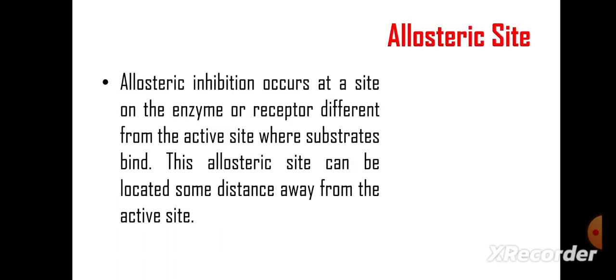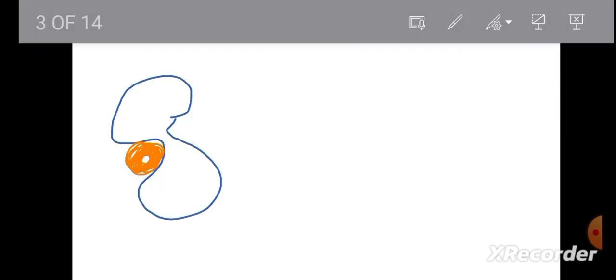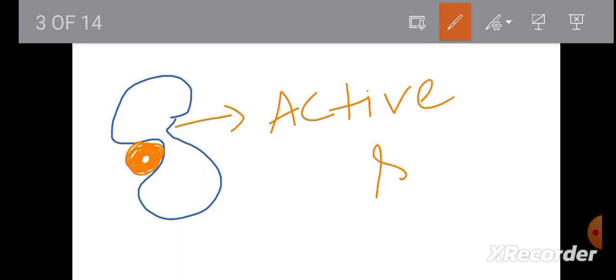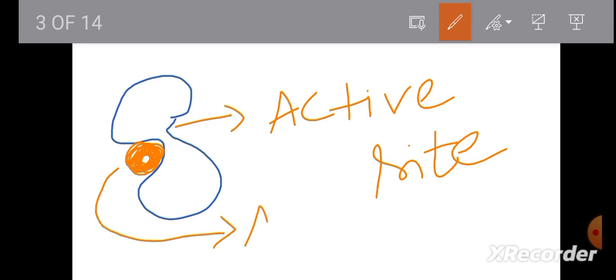This is what we saw in the previous slide. Apart from the active site, which is the place where the substrate binds, there is another site called the allosteric site.